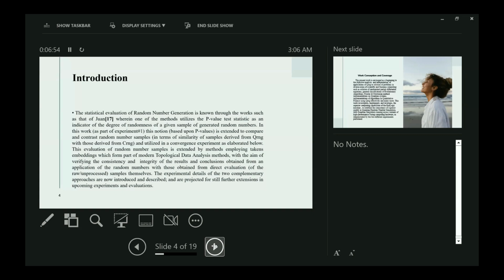I'm not going into details of the topics, but I'll point to references which show the attempt that was made with the topological data analysis.